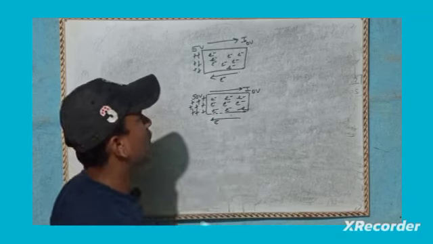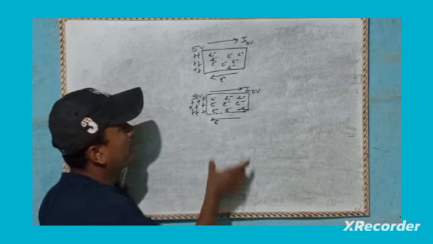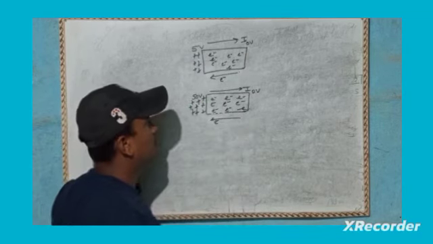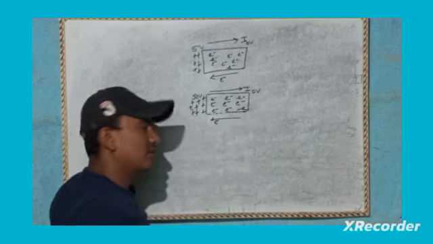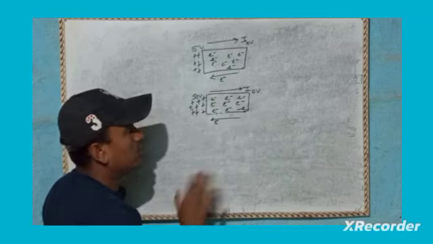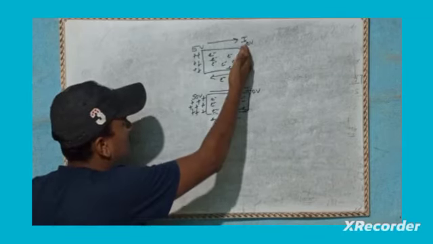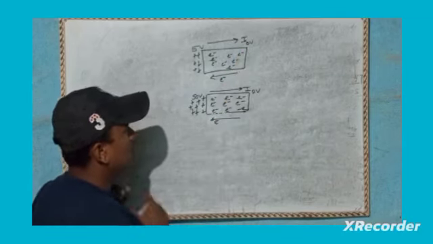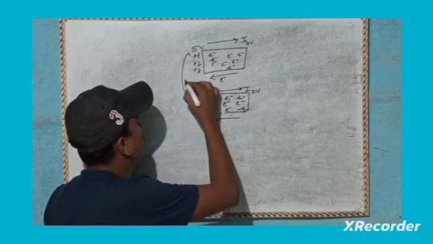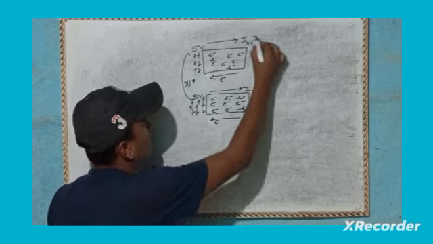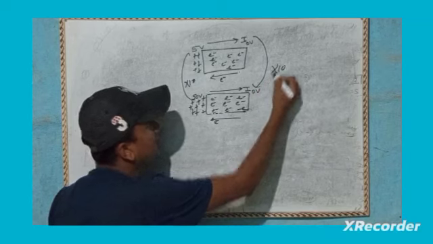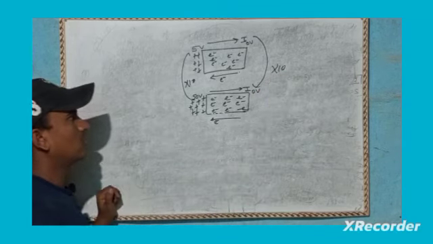In a similar way, here the potential difference is 5, here it is 50. The conductors are the same, so the value of current also increases. With 10 times the potential difference, the current also increases 10 times. Yes or no?